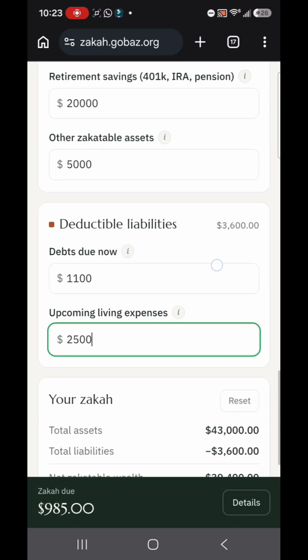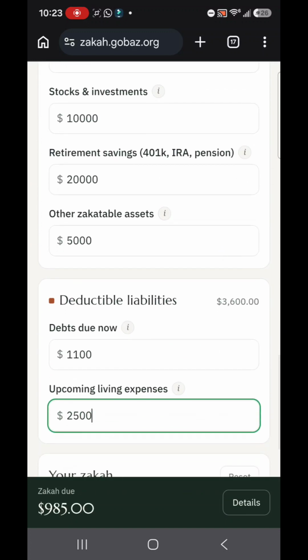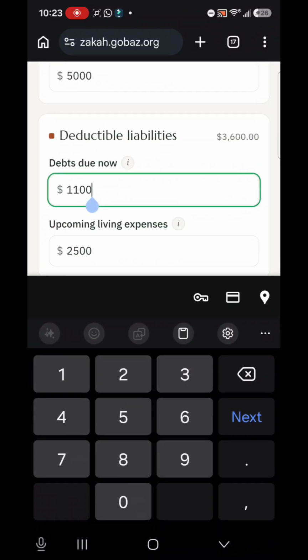So you can play with these numbers. You can brainstorm if you have any other payments. Let's say there's another payment that you do every month. You have a lot of expenses.